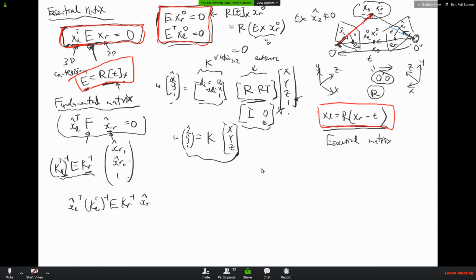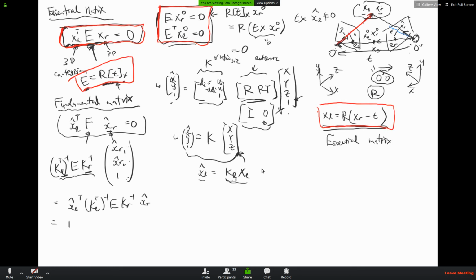Okay, for this, as you can see, XL hat here is actually equal to KL times XL. So in 3D Cartesian coordinates, multiplied by the intrinsic camera matrix, it should give me the homogeneous coordinate on the screen for the left hand side. Therefore I substitute this into this one.